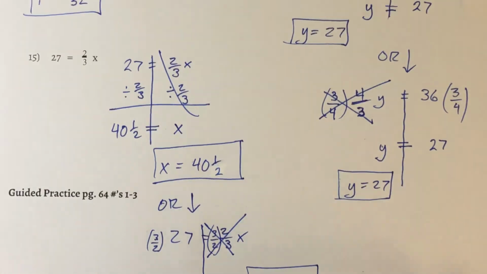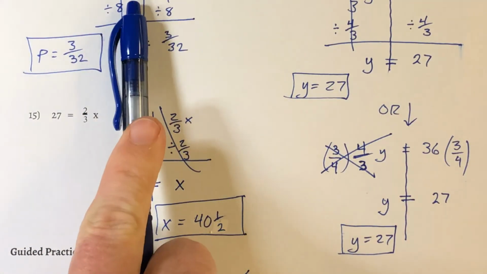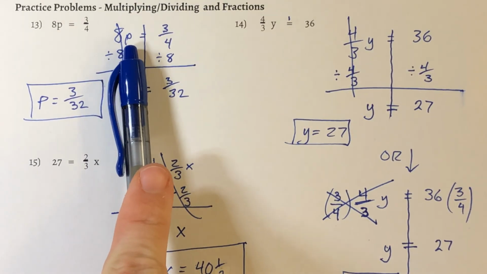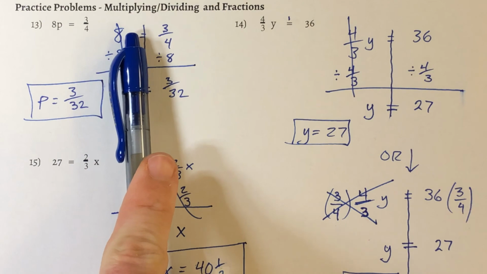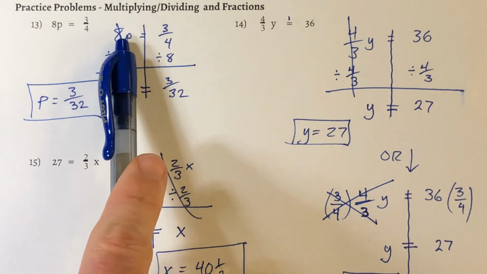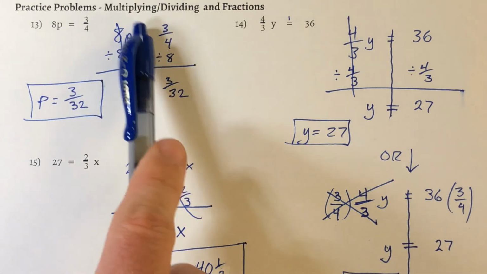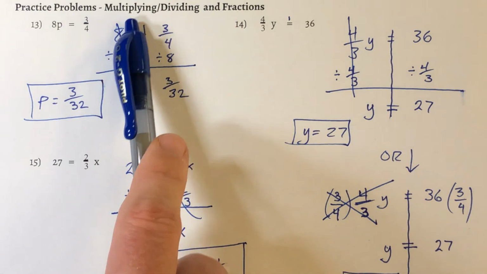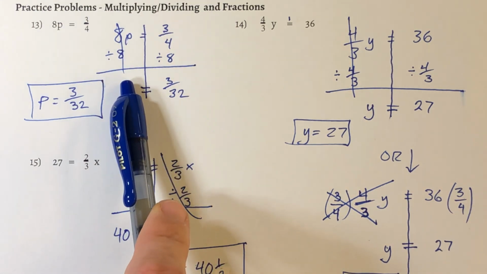All right, so real quick, your goal is always to get the variable by itself. To do that, you must do the opposite of what they do with the number you want to get rid of. So in this example, if you want to get rid of 8 and they're multiplying by 8, you do the opposite, which is divide by 8. That will always get rid of that number.